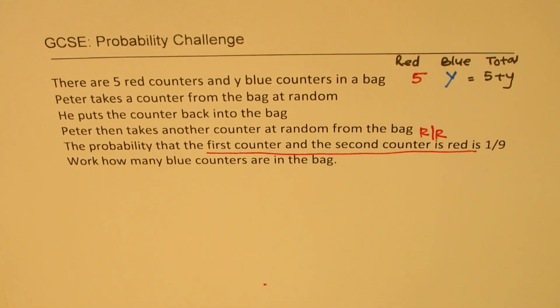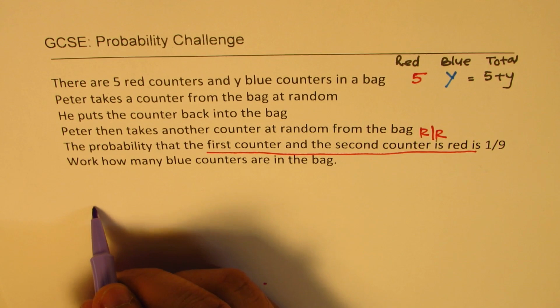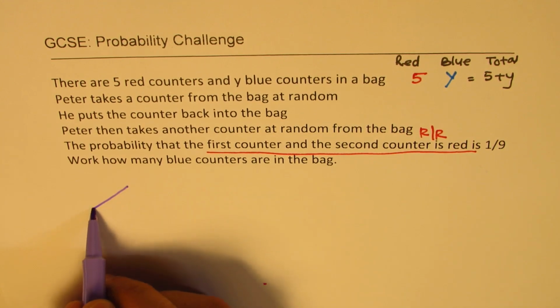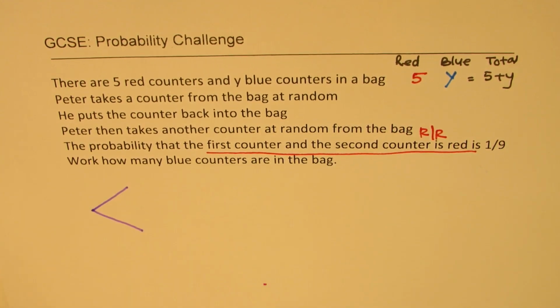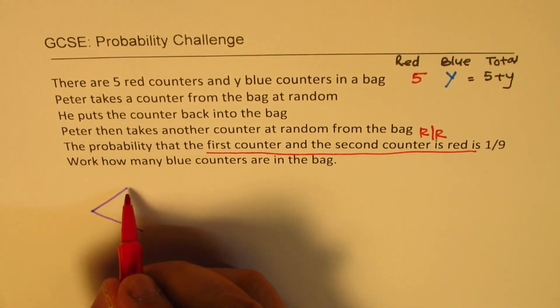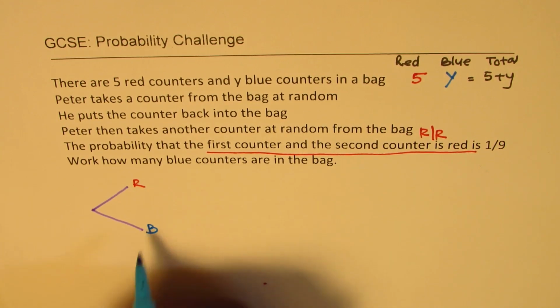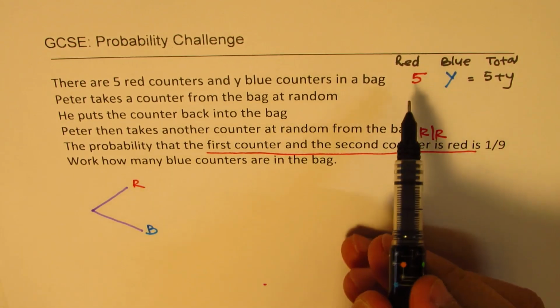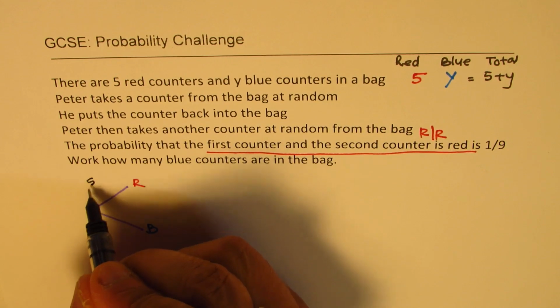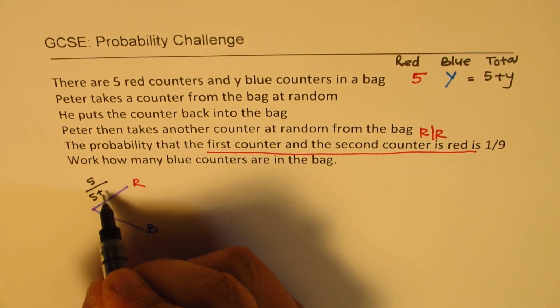So you can actually pause the video, but I'd still like you to first sketch the tree diagram, correct? So let me quickly make a tree diagram this time. And so we have two possibilities, one with red and the other one with blue, right? So first case, we could get red or blue. Now, probability for red is, since there are 5, and the total is 5 plus y, correct?